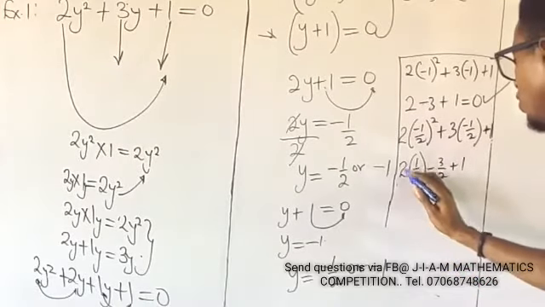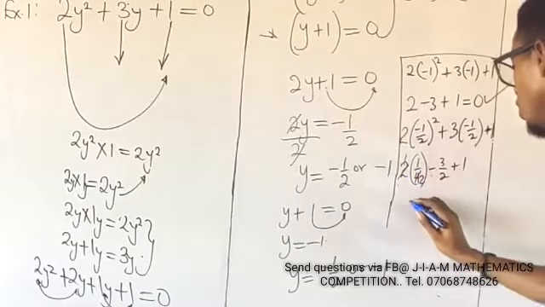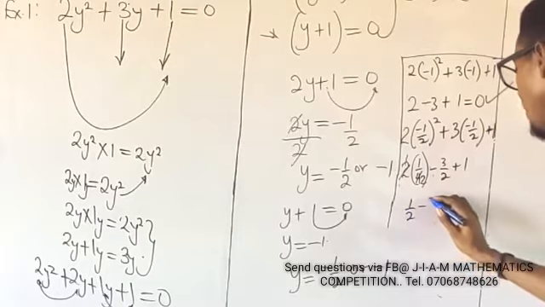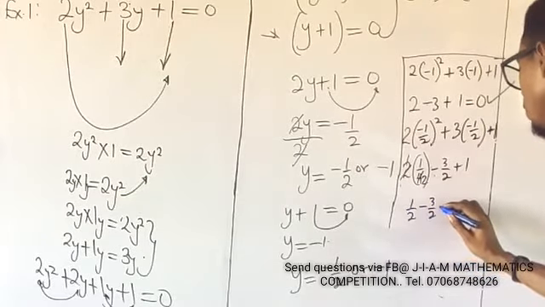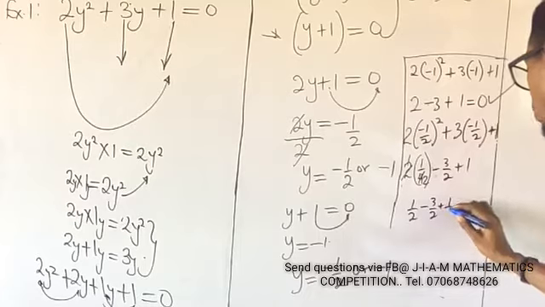So 1 over 2 minus 3 over 2 plus 1 over 1.